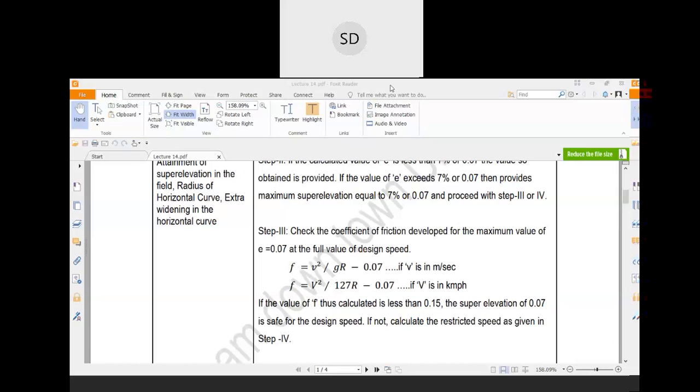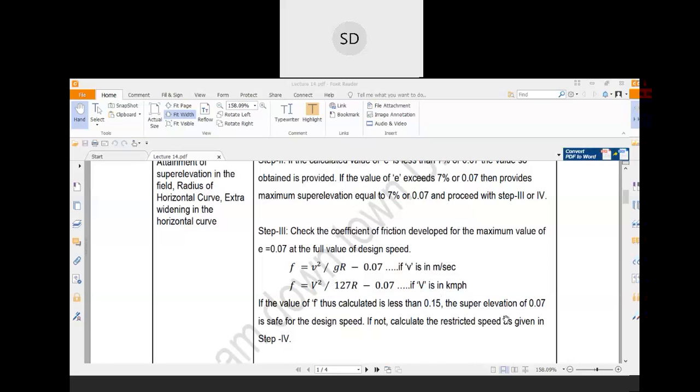Now by this step, if you again find that your value of coefficient of friction exceeds 0.15, then you have to follow the fourth step. If it is not exceeding 0.15, in that case you can say that if you provide the maximum super elevation of 0.07, it would be safe in terms of the coefficient of friction value, because even if you provide maximum super elevation, your coefficient of friction value remains within the limit.